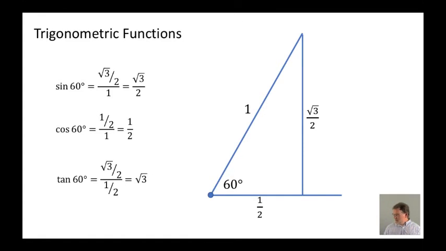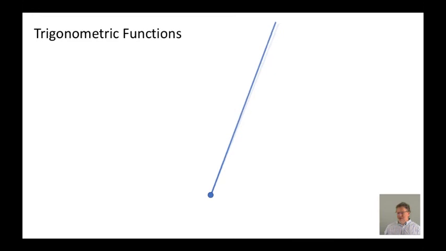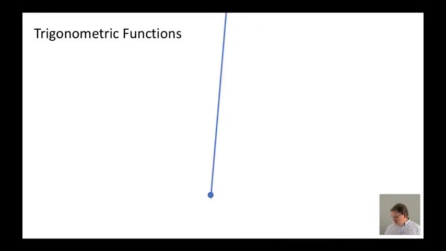Lastly, what happens when we start to get a triangle that's really tall and skinny? Well, that's an instance in which this angle is, well, theoretically it can't be 90 degrees, but we can get pretty close to 90 degrees, almost straight up here. What happens when the angle gets really, really close to 90 degrees?